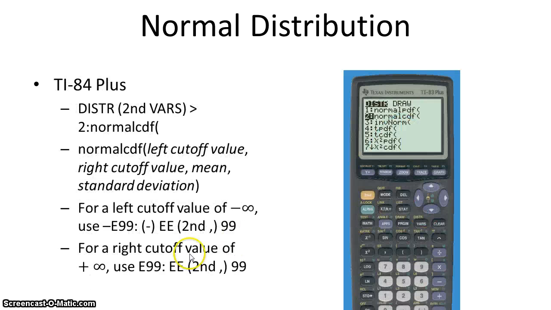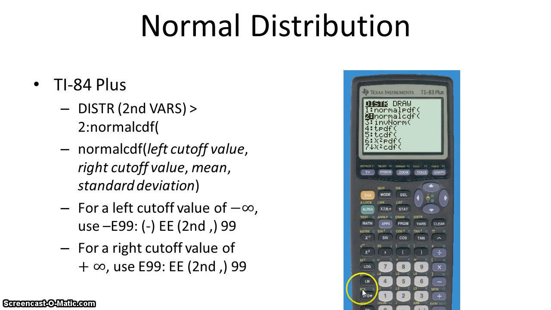So in that case, when we specify the left cutoff value for the normal CDF, we're going to use a value of negative, meaning the negative button down here on our calculator, not the minus sign. That's an operation, that's subtraction, which we're not doing here.